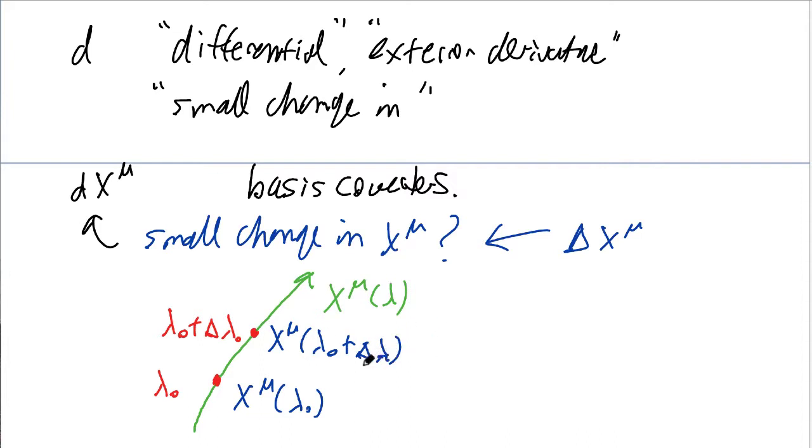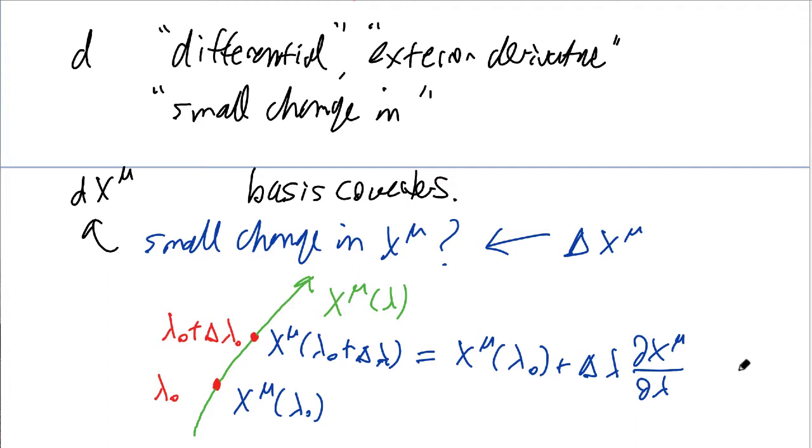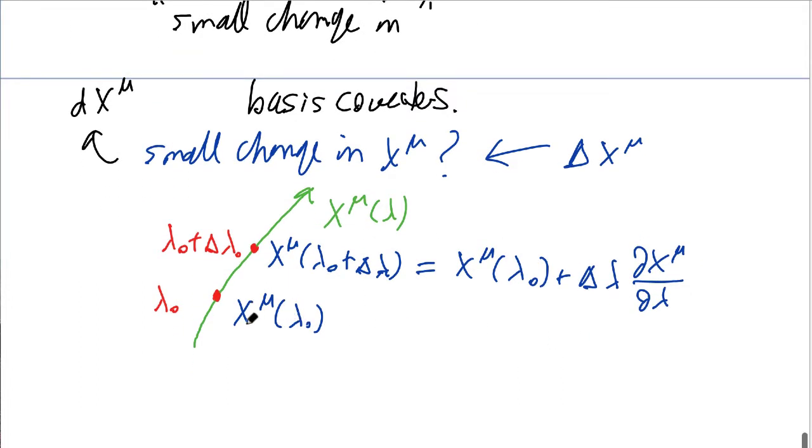Now, since delta lambda is small, we can expand this in a Taylor series. This is x mu of lambda 0 plus delta lambda times partial x mu with respect to lambda, evaluated at lambda 0. And of course, there are higher order terms here that I'm ignoring since delta lambda is very small. So if we look at this picture, the change in the coordinates from this point to this point is just this expression, delta lambda times dx mu d lambda.